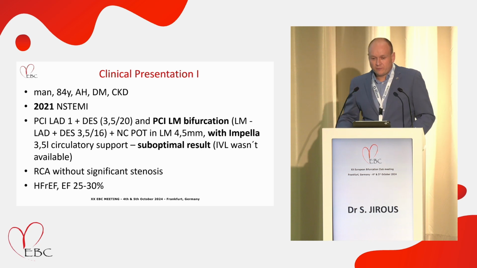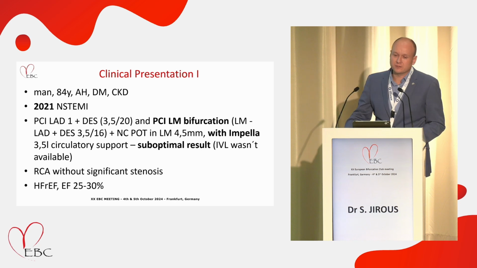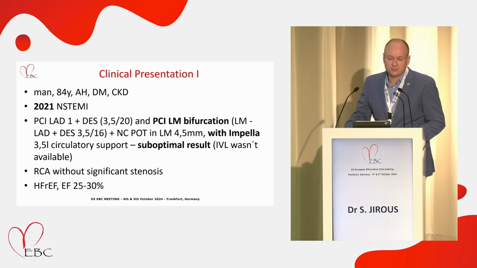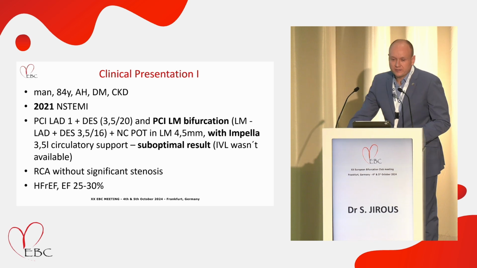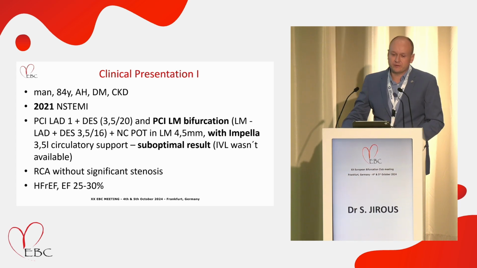When I saw him for the first time, he was an 84-year-old man with arterial hypertension, diabetes, and chronic kidney disease. He suffered an acute MI without ST elevation sometime in 2021, during the night.